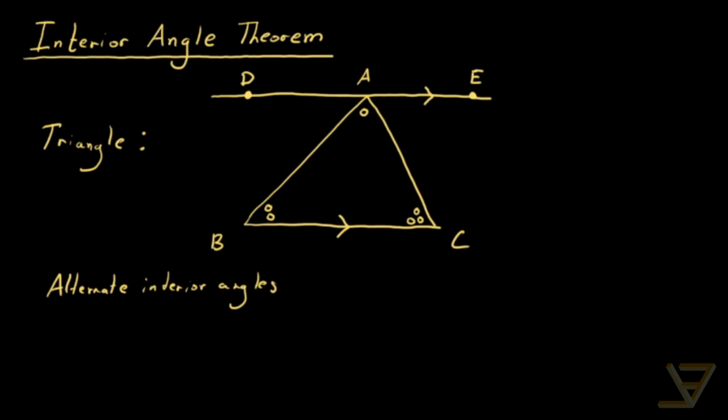Alternate interior angles tells us that if we have two parallel lines, then this angle is equal to this angle, and this angle is equal to this angle.